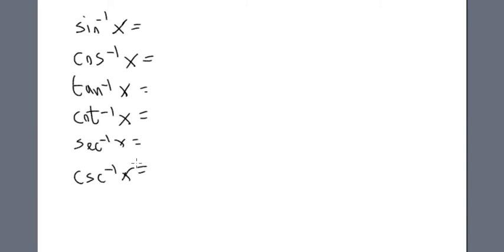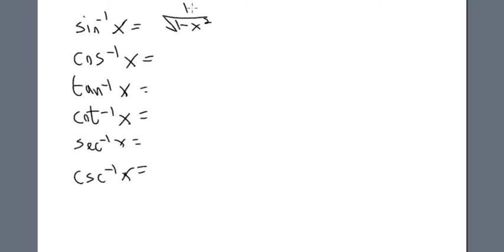Okay, so I'm looking at the table on page 151, which gives us basically a cheat sheet for the derivative of each of these. So the derivative of inverse sine x is 1 over the square root of 1 minus x squared.